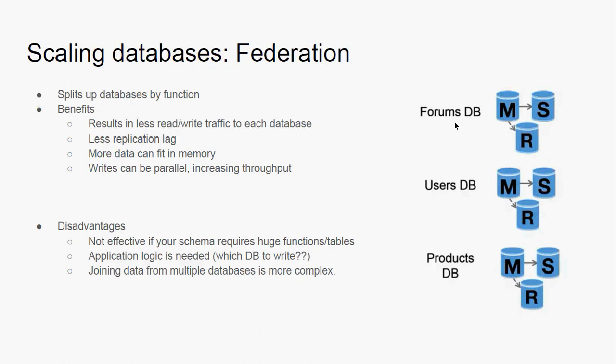So it's basically by functional domain that you can split the databases, and each of them can still follow the master slave model, or master master if you really need to support a large scale, like Twitter or Facebook. So each of them can still have two masters or two slaves, depending on the amount of traffic.